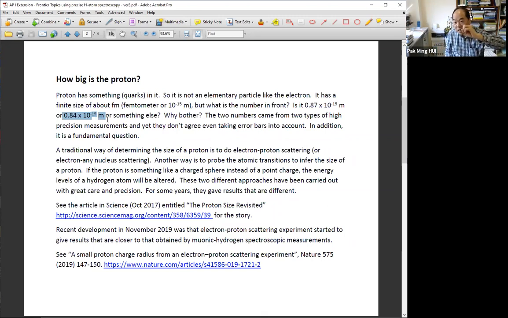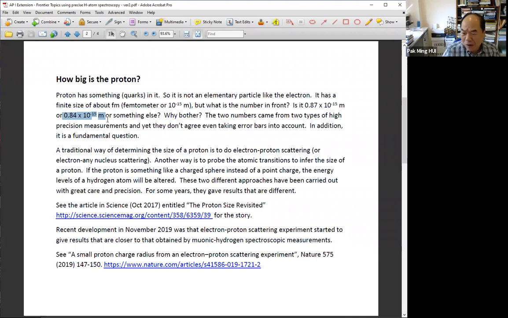You have a central force center, something comes in, because of the interaction it is scattered, right? Okay, so now again, you can think about it as a finite sphere, and then an electron comes in, you study how the electron is scattered by the proton, you can infer the radius of a proton.